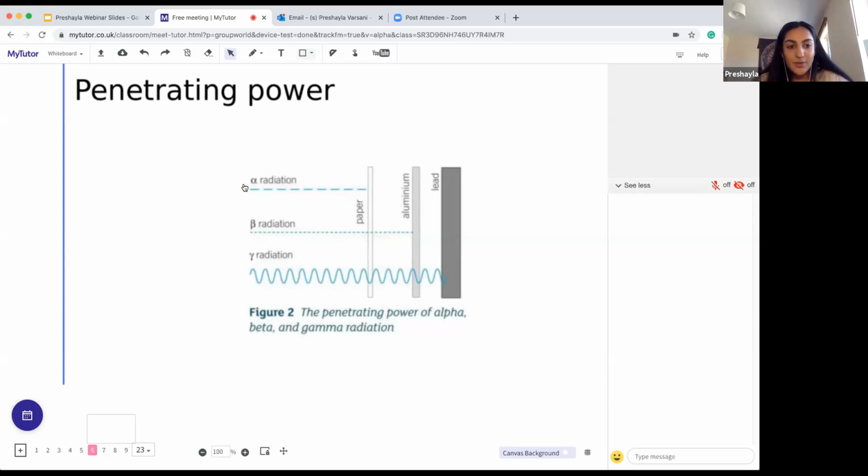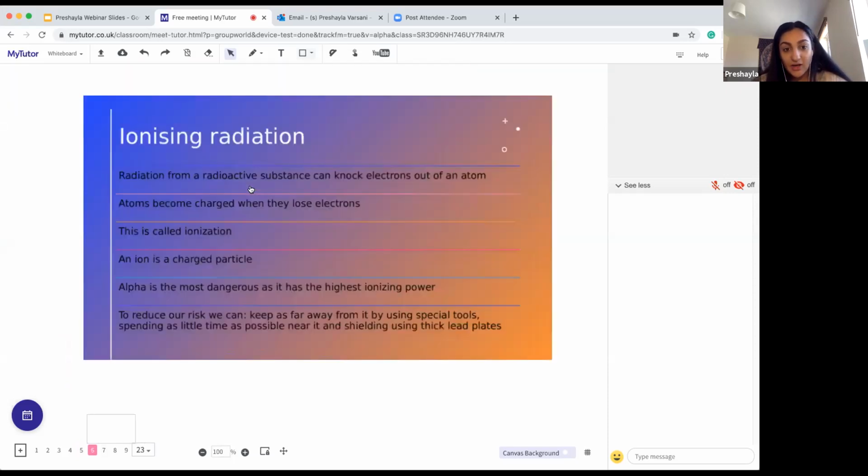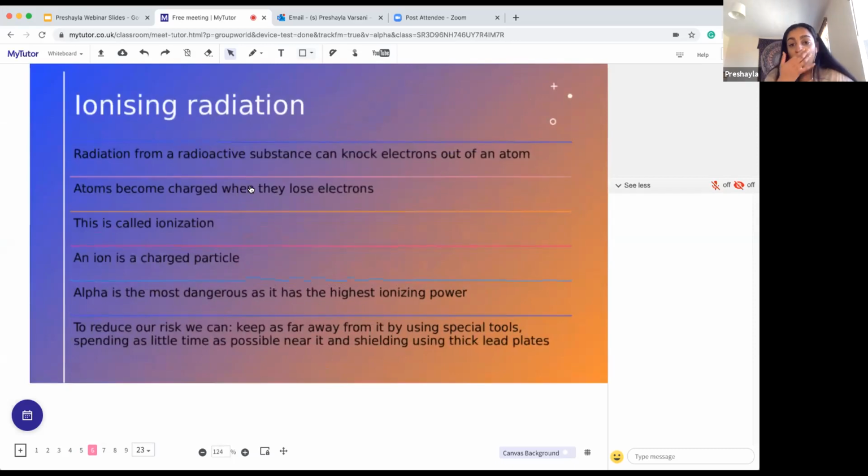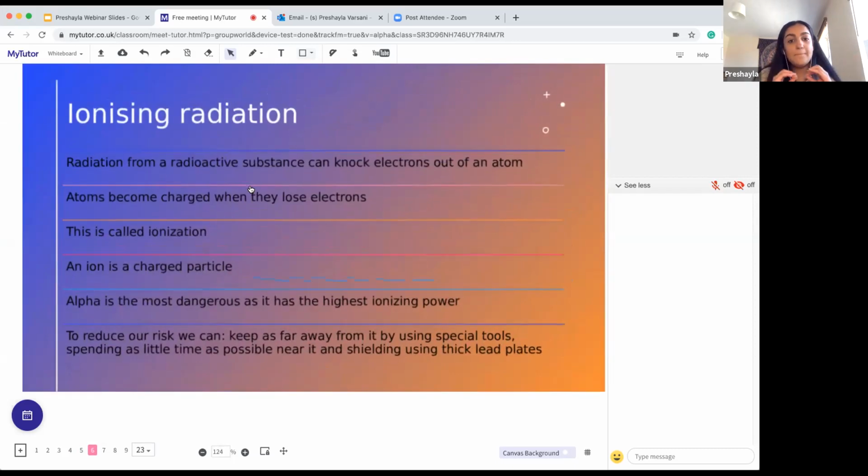So let's talk more in depth about ionizing power and ionizing radiation. Ionizing radiation is bad in most cases. Ionizing radiation is what damages human cells. So radiation from a radioactive substance can knock electrons out of an atom.